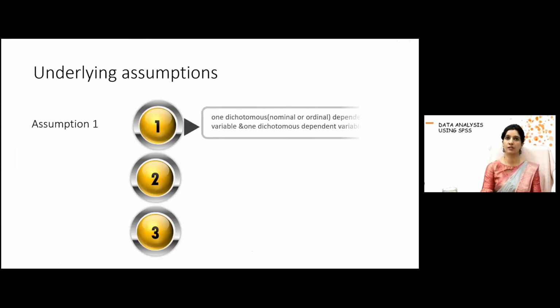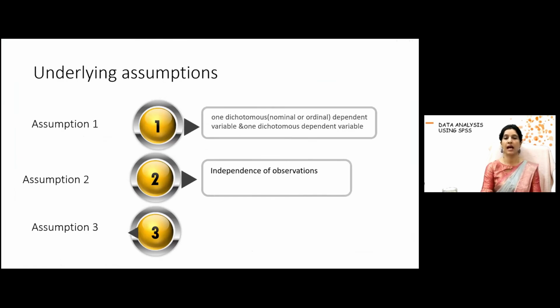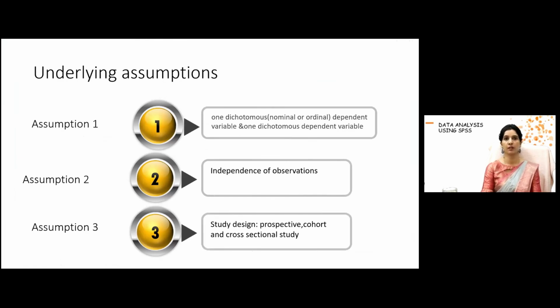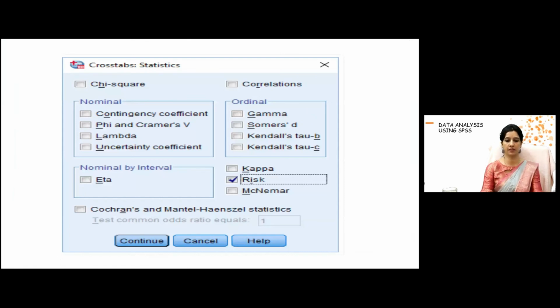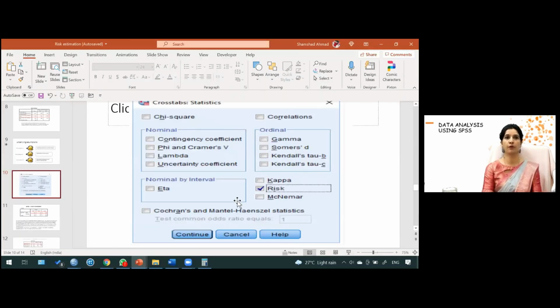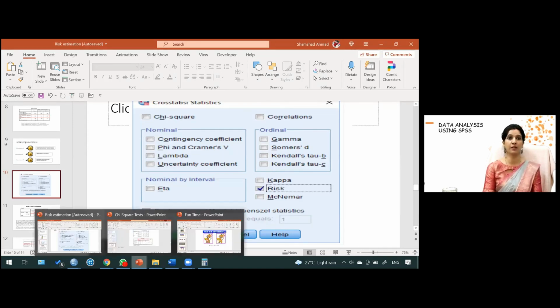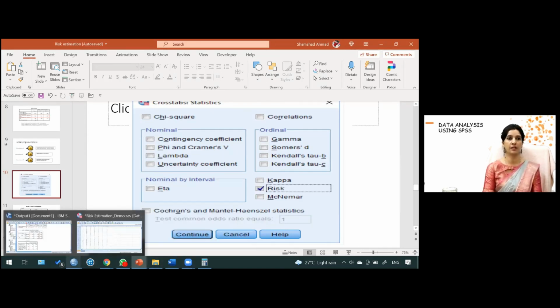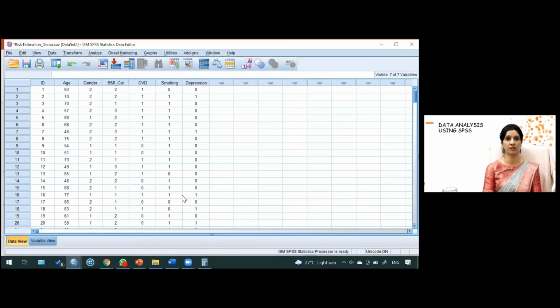Again, it has got the same assumption that both the variables should be dichotomous. There should be independence of observation, and it is basically true for the case control. I think by mistake it is the same slide. So basically we do this odds ratio for a case control study, or maybe it can be done for an analytical type of study also, analytical cross-sectional study.